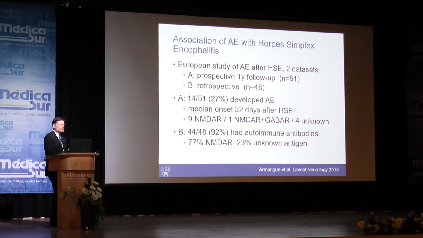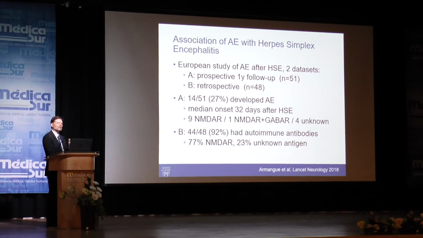So what these investigators in Europe did was they had two cohorts of patients. One was a prospective one where they followed people after they'd had herpes encephalitis. They followed them for a year. They did clinical evaluations, imaging, and spinal taps, I think about 5 times during that year, looking for antibodies, looking for MRI changes, etc.